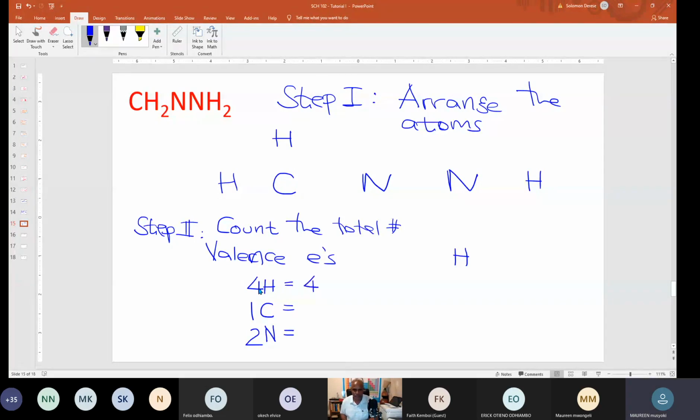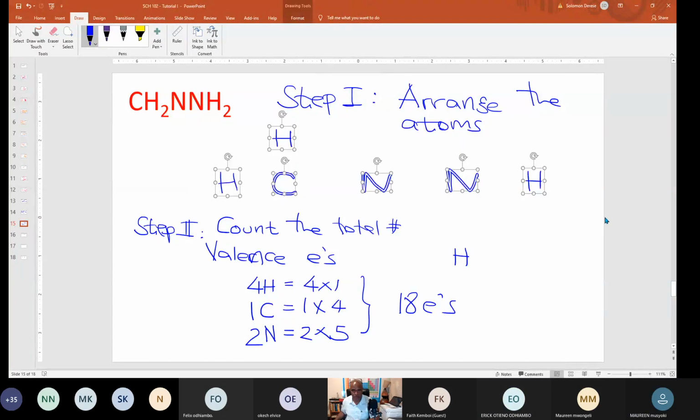For the hydrogen it is 4 times 1. For the carbon it is 1 times 4. For the nitrogen it is 2 times 5. If you add this, you will get 4 plus 4 plus 10, which is 18. So we have 18 electrons to be distributed to these atoms, okay?